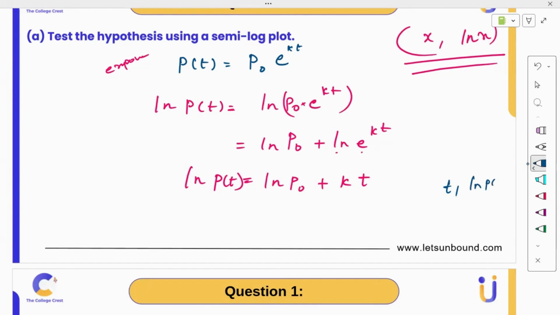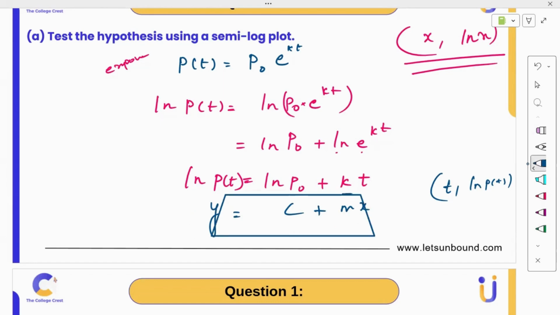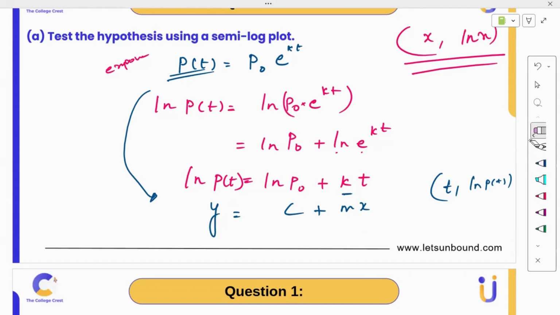This is how the function model looks: y equals slope times x plus c. So yes, he thinks it is exponential and I convert to the semilog plot, because your x value is a normal linear number and y is in logarithmic form.